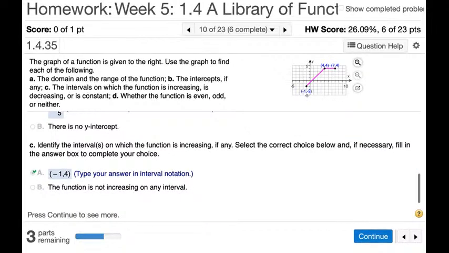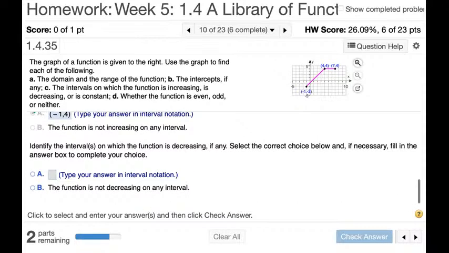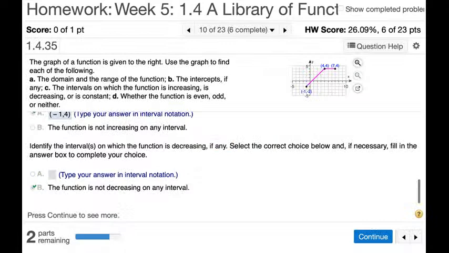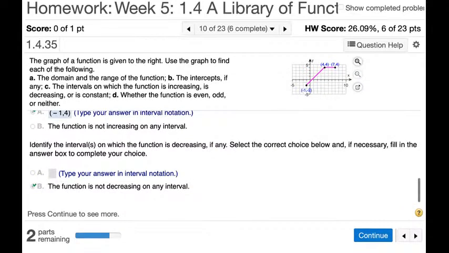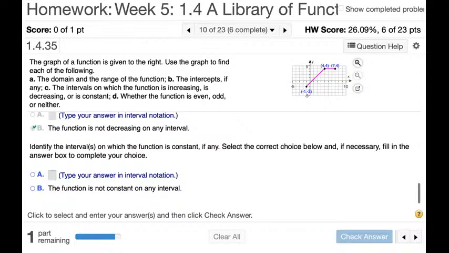Let's continue. Decreasing is never decreasing. Okay, check the answer. Continue. Constant. It's constant as x goes from 4 to 7.